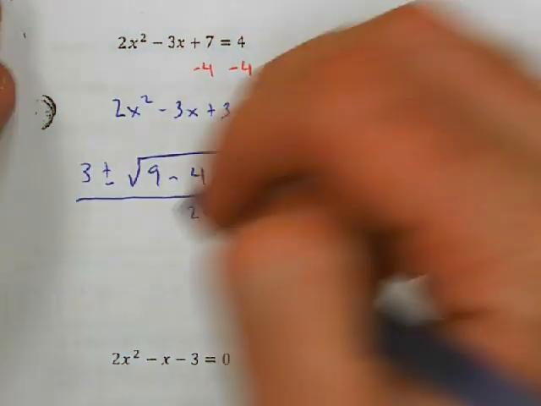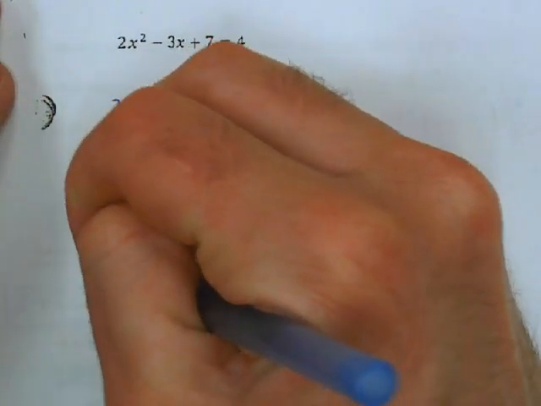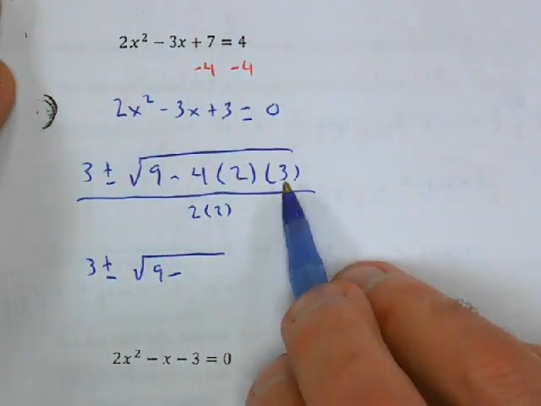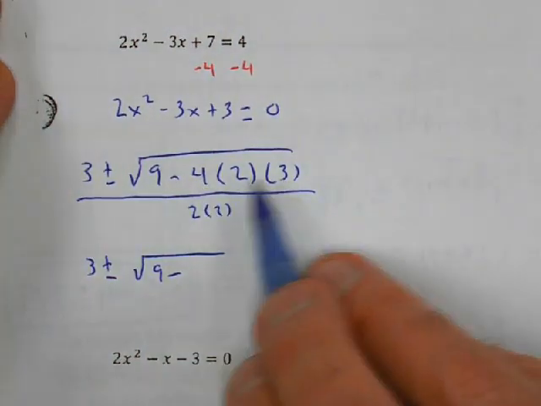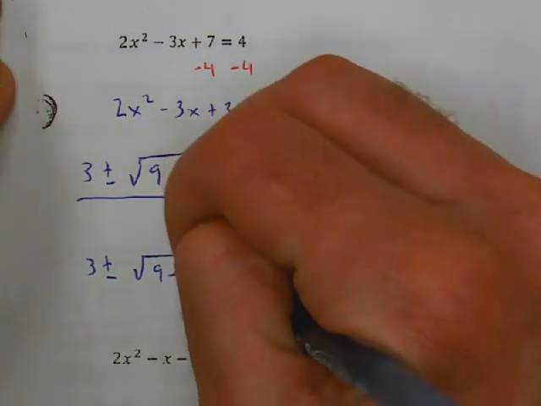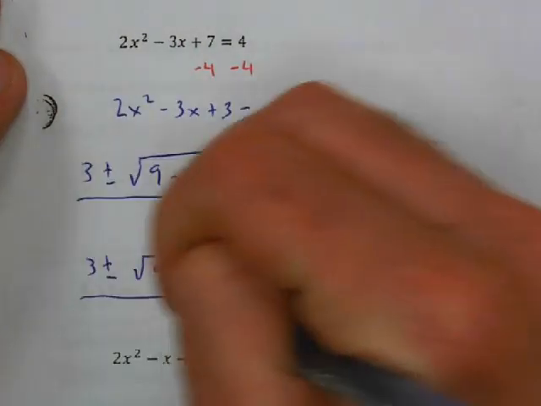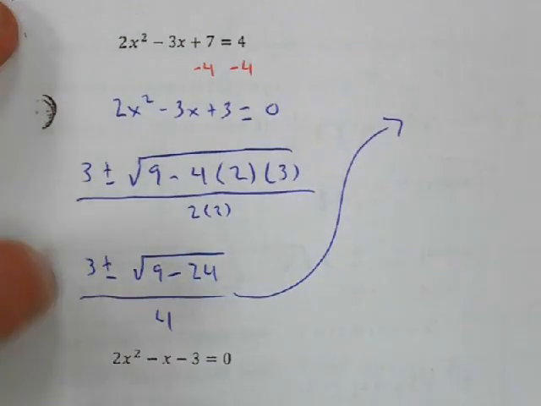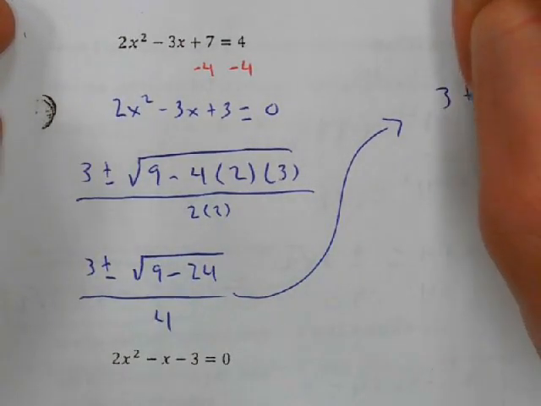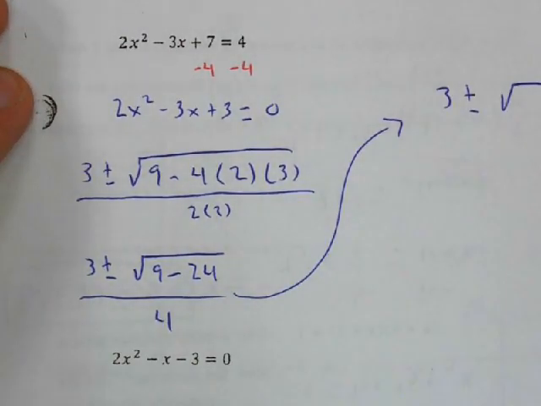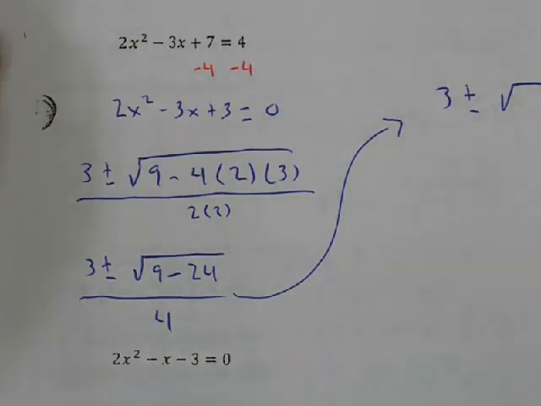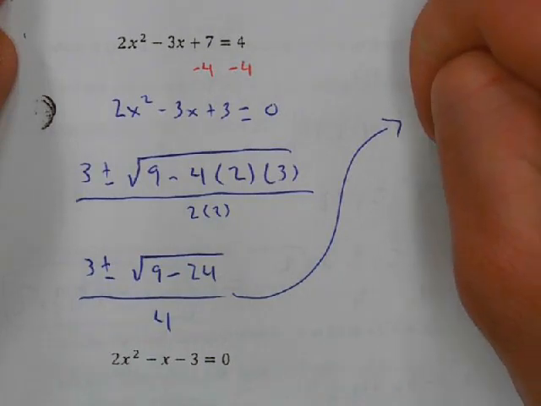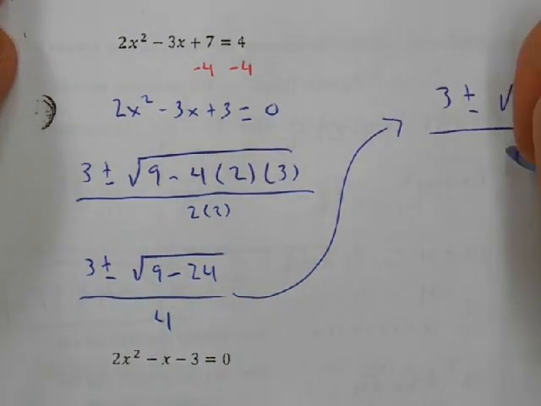Start to simplify that, we get 3 plus or minus the square root of 9 minus, let's see, 4 times 3 is 12, times 2 is 24, so 9 minus 24 over 4. So then that gives us 3 plus or minus the square root of, and then 9 minus 24, we get negative 15 over 4.